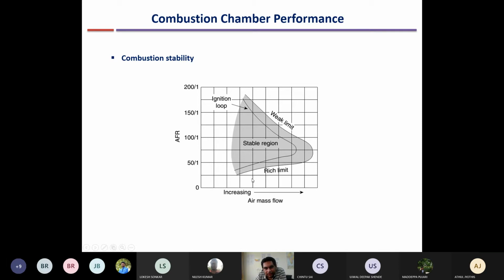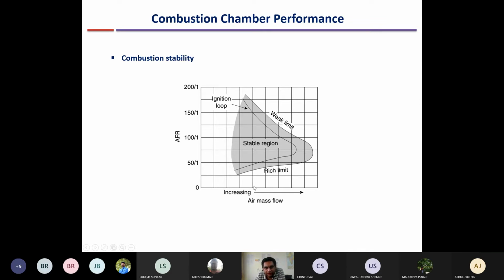On the other hand, if you have a very rich mixture, the amount of oxygen available is too little to sustain a stable flame. So again the flame is unstable below a certain air fuel ratio. Localized spots will be there where the flame will go out.